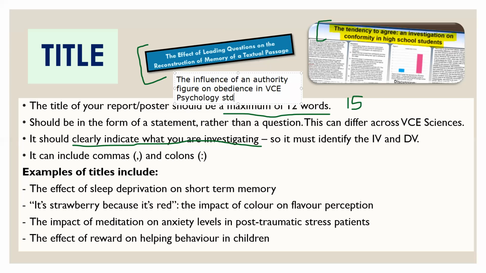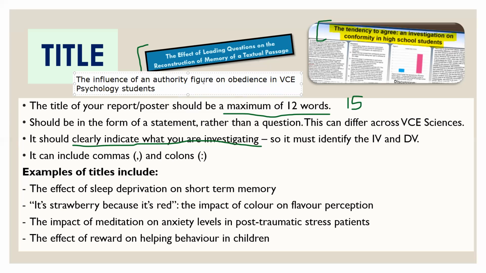You can see that that title clearly indicates an IV, the presence of an authority figure, and the DV, which is the level of obedience that is shown. So that is a clear title. By reading that, I can clearly see what that study is going to be about.